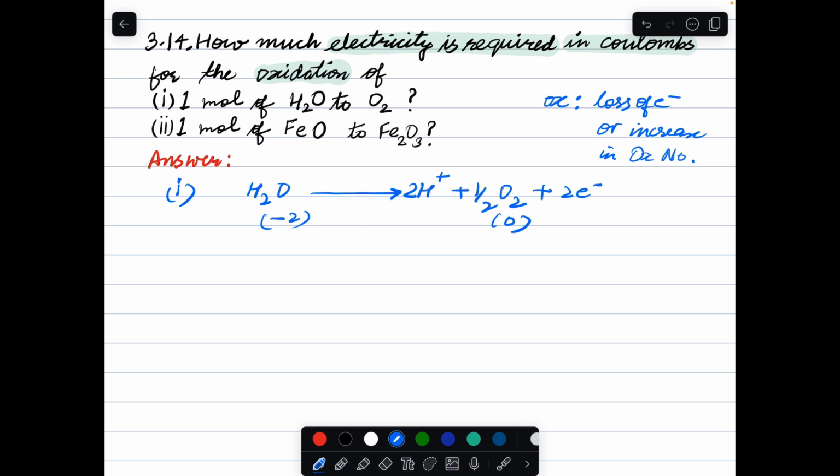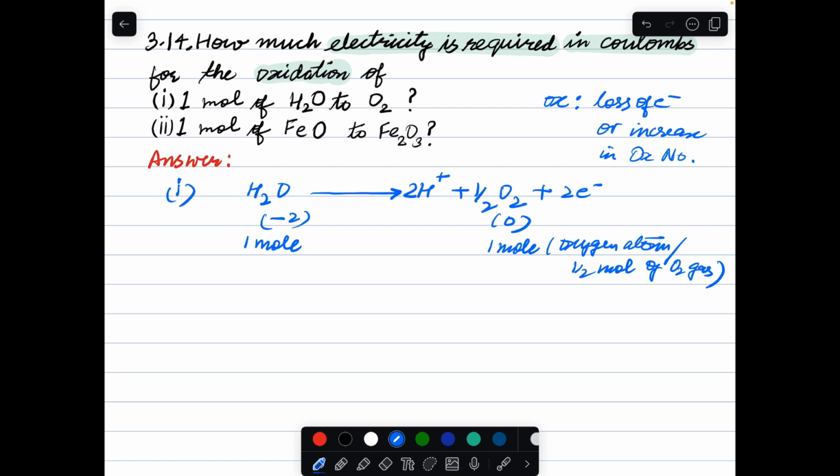Here we start with the same idea. If we have 1 mole of water molecule, we will get 1 mole of oxygen atom, or half mole of O2 gas.